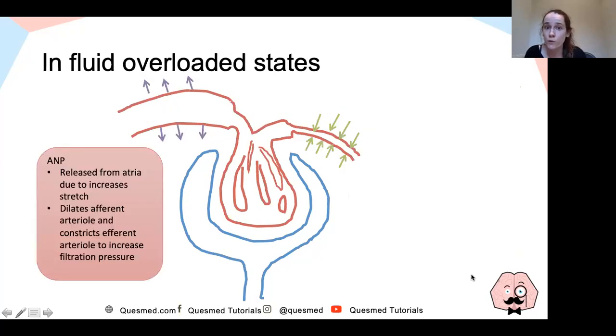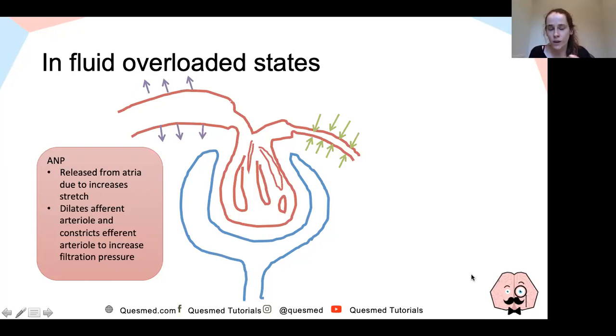In fluid overloaded states, we've spoken about this a little bit again in our cardiac physiology. So when the heart is being overstretched, BNP and ANP are released from the heart due to stretch. And we want to get rid of as much of that fluid as possible. And the main way that we get rid of fluid is by peeing it out.